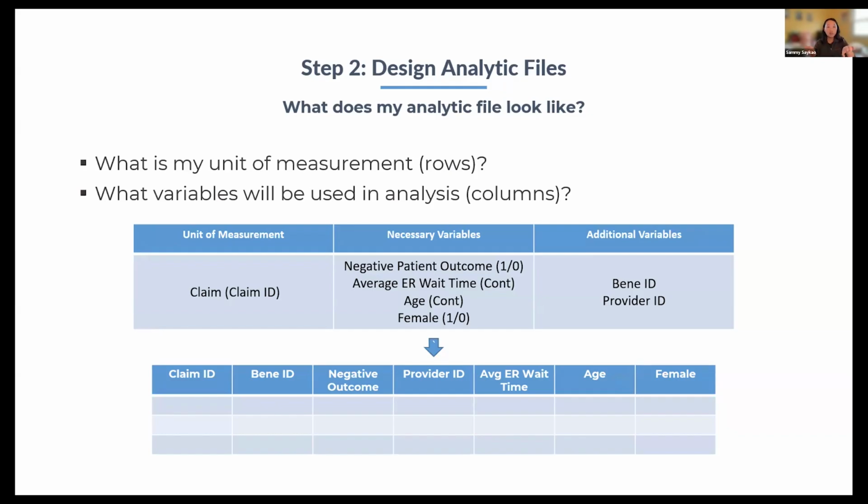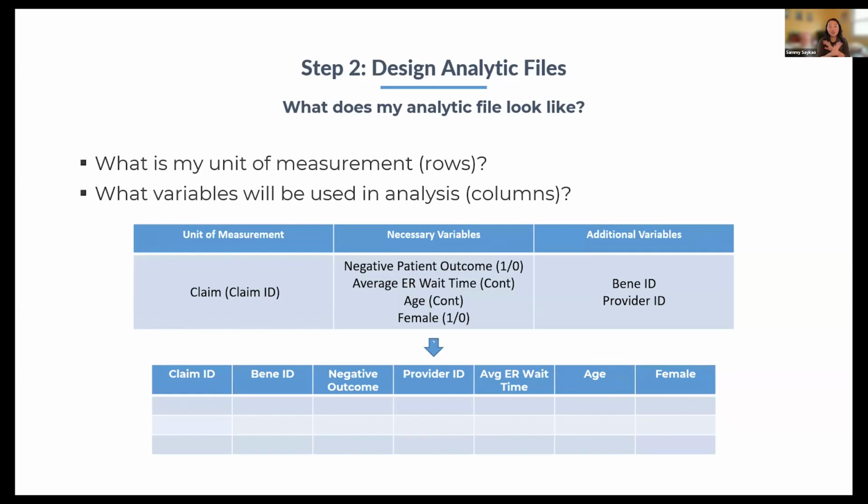So I have the top table here laying things out. We're thinking about claims. We're thinking about our unit of measurement as a claim because we can identify emergency room visits at the claim level. And then necessary variables, pretty clearly, if you're working with regression, you want to make sure that all the variables in your regression model are included in your necessary variables.